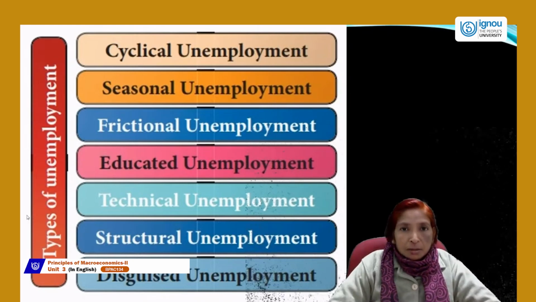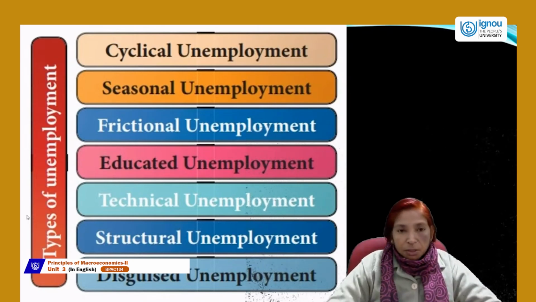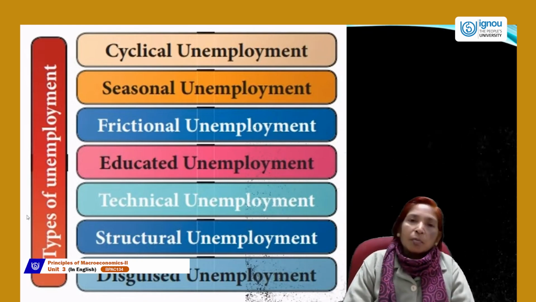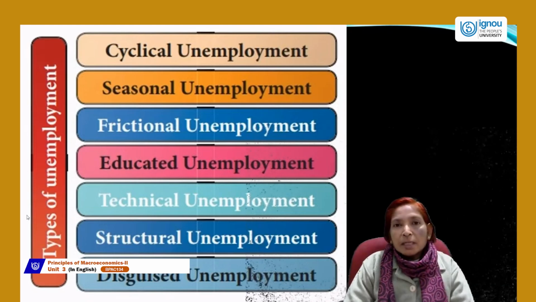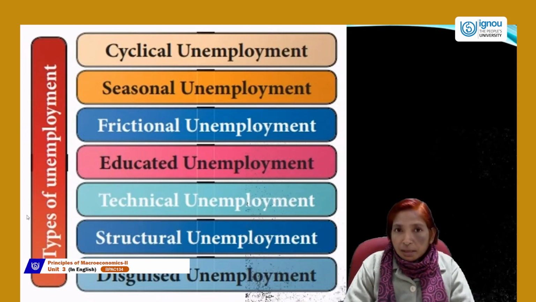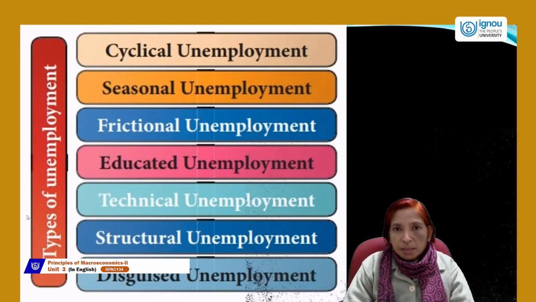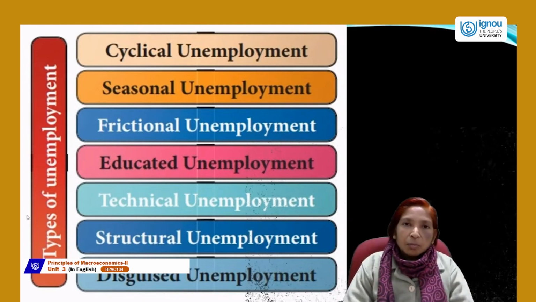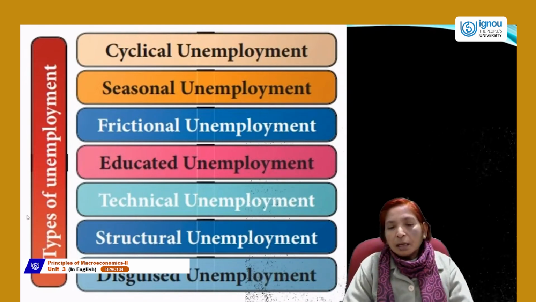If people are not willing or not interested to work in this mode, if they don't cope with this new, modern, advanced technological change, then they will remain unemployed. So, technical unemployment is that unemployment which exists due to change in technologies. And if people resist adopting this change, and if they are not willing to adopt these changes and are not efficient to work on modern technologies, then they will remain unemployed. So, that is technical unemployment.